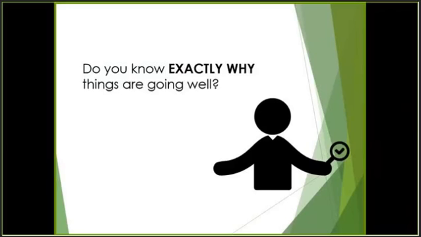How does that kind of compare to the why that you had originally established for that product or service? So again, this is kind of looking internally at your process and seeing not only that it's working, but really finding out why, and it may be an unexpected answer.